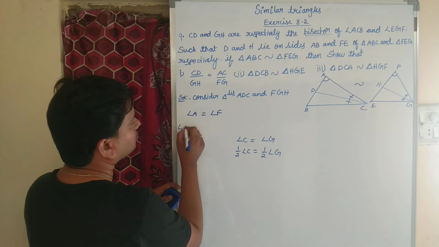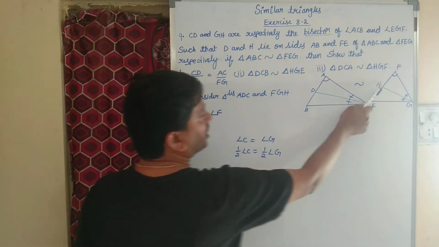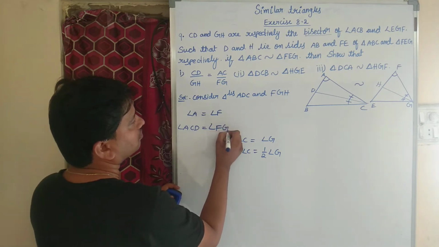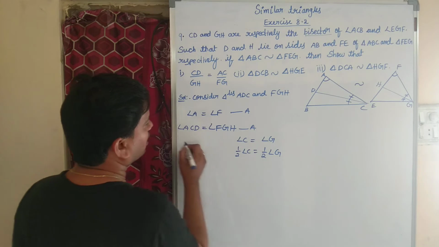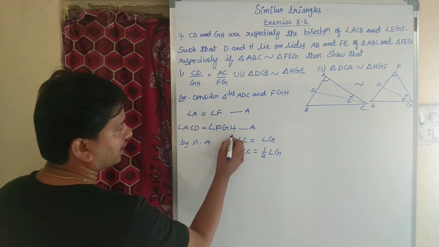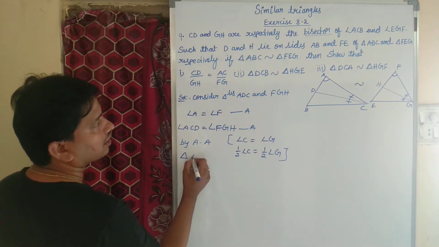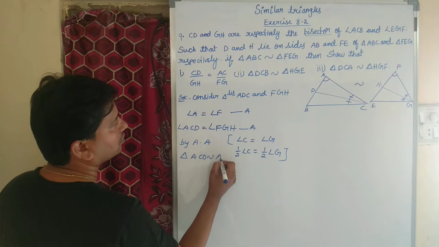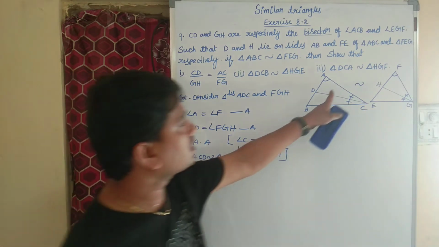ACD. What is half of angle G? FGH. So I can say that by AAA criteria, triangle ACD is similar to triangle FGH. These two triangles are similar.